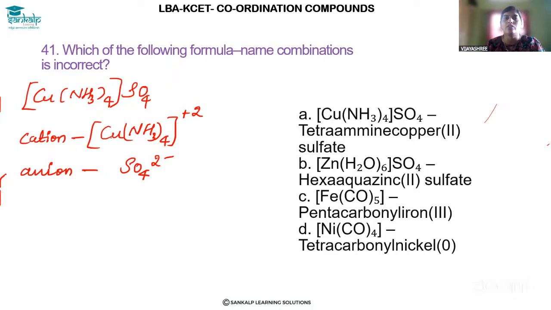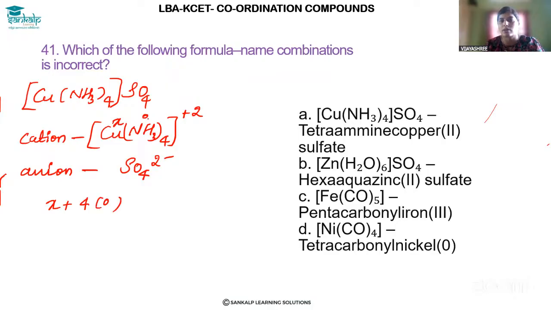Now we will find the oxidation state of this central metal atom or ion. Let X be the oxidation state of this central metal atom, copper. Amine is a neutral ligand and its oxidation state is 0. So X plus, there are 4 amine ligands, so 4 multiplied by 0.